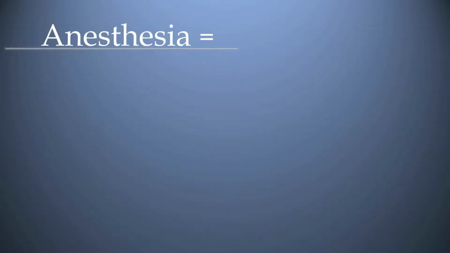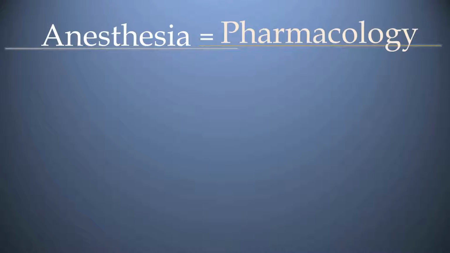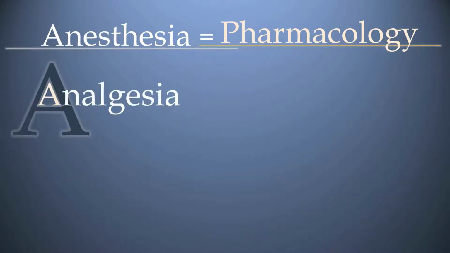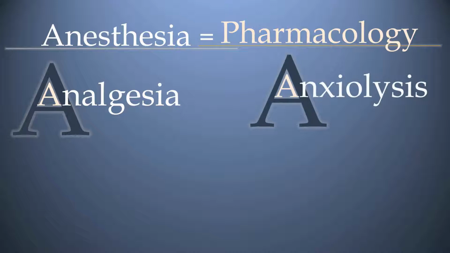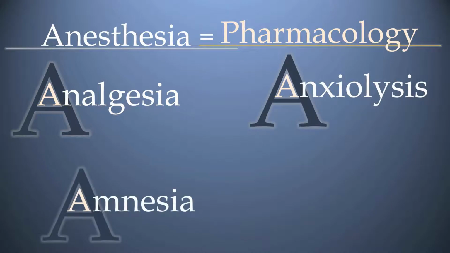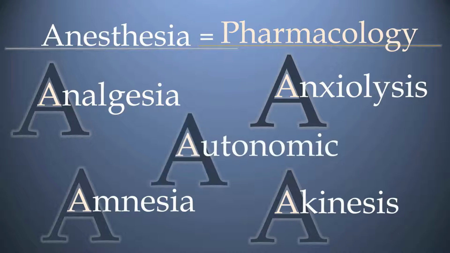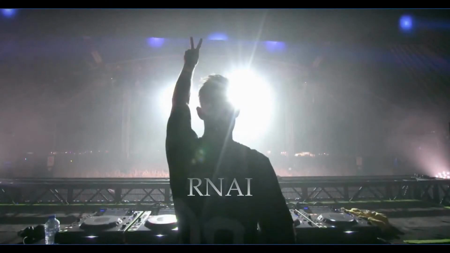So anesthesia is a lot of things to a lot of people, but in my mind, pharmacology is number one. If you read any anesthesia textbook, they're going to tell you we have the power over analgesia, anxiolysis, amnesia, akinesis, autonomic control. That is what we do, and we use drugs to do that. So let me set the stage to elucidate this problem a little bit.